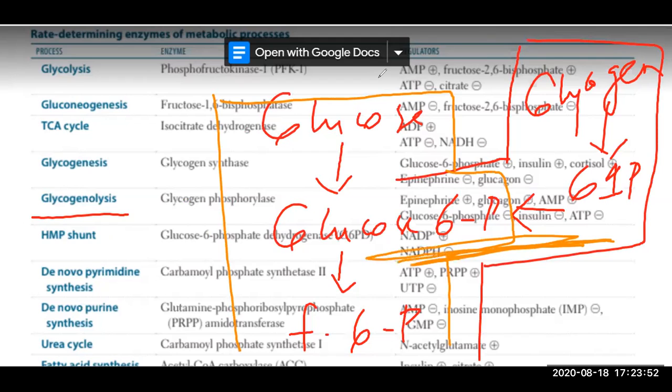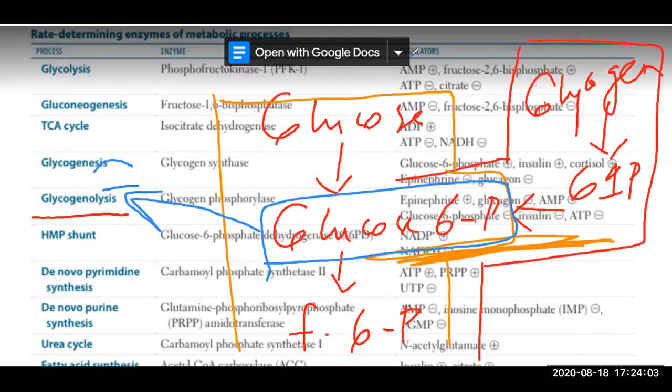This glucose 6-phosphate inhibits this cycle. You understand why you have more glucose 6-phosphate? You don't need this conversion. You have less glucose 6-phosphate, you need this conversion. You want to make more glucose 6-phosphate.